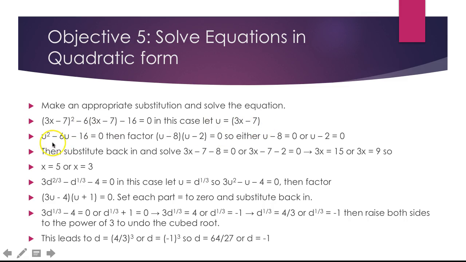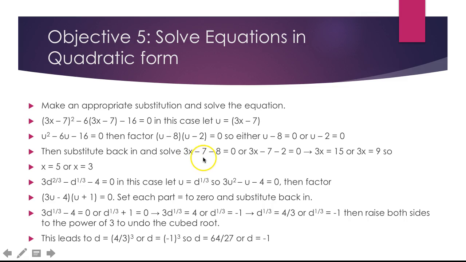So I get u squared minus 6u minus 16 equals 0. Then factor, and you get u minus 8 times u minus 2 equals 0. So either u minus 8 equals 0 or u minus 2 equals 0. Then substitute back in the 3x minus 7 for the u.